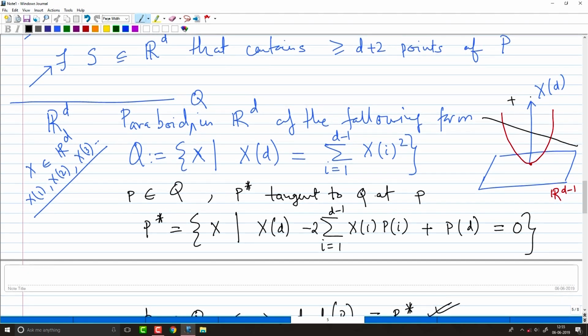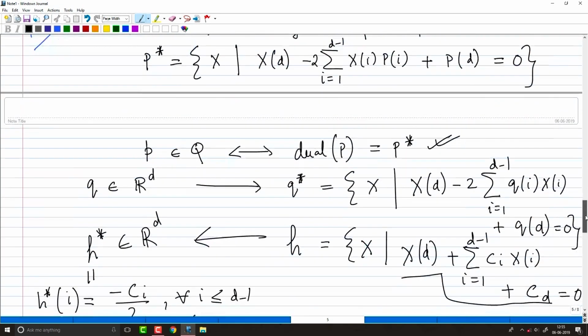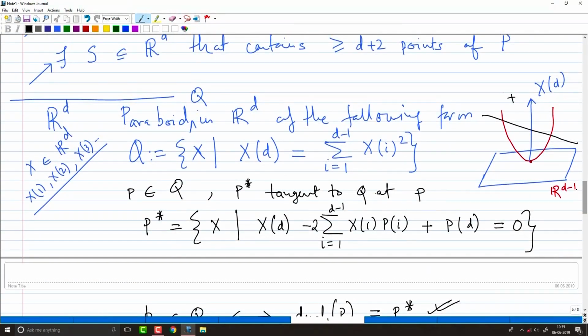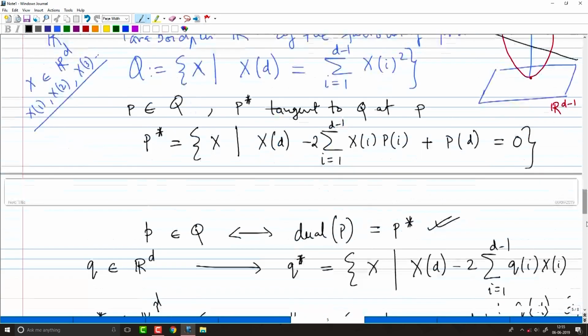Once you have written the equation of non-vertical hyperplanes like this, this is how it decomposes the space R^d. And you will see why this will be useful.